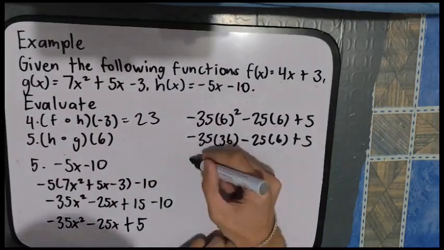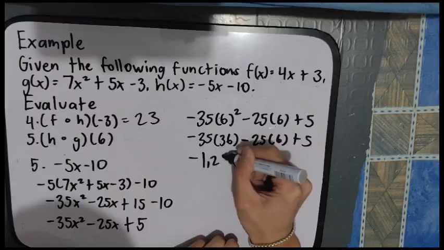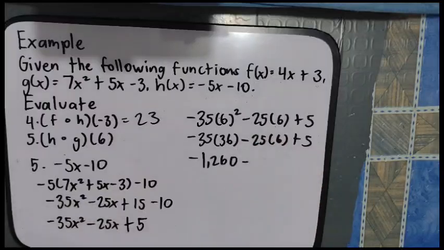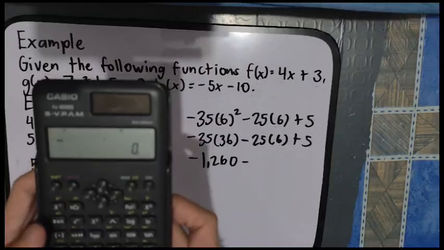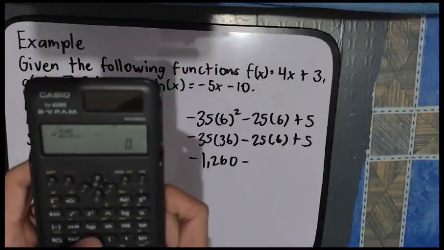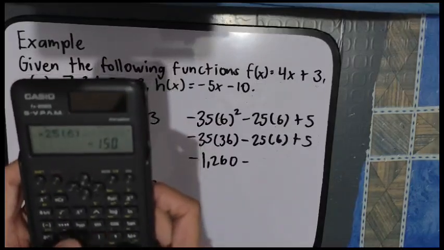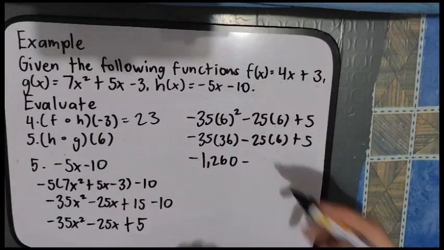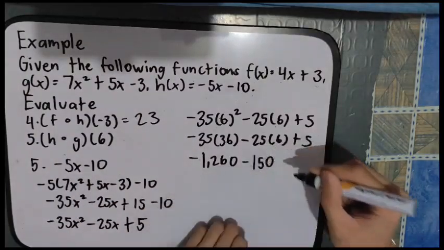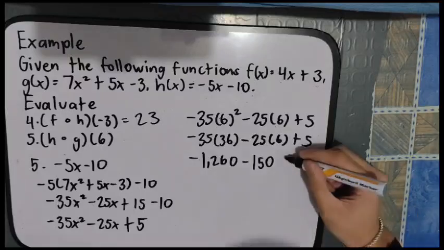So, negative 1,260 minus. So, we're going back here again to our calculator. Negative 25 times 6, we have the answer of negative 150. So, negative 150. Then copy 5.